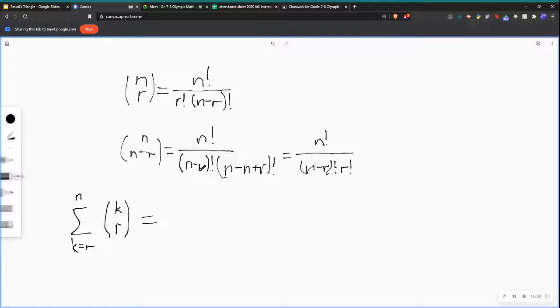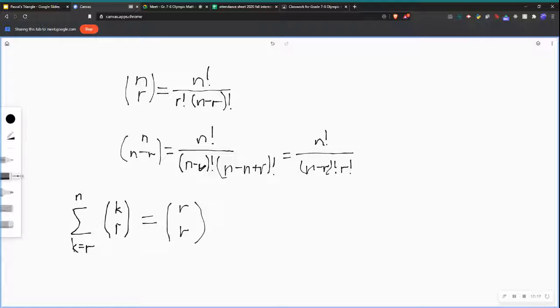And so remember that the variable here, k, is a variable that we want to substitute for every single term that we have to add up. So we have to substitute k from r to n. So what this will look like, we're substituting r into k. So we have r choose r.